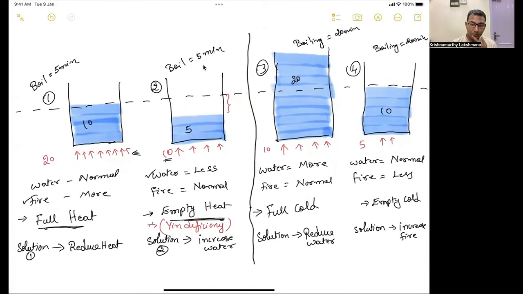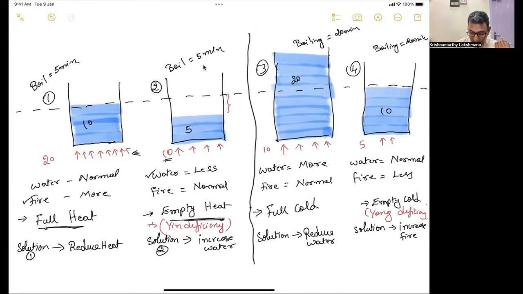Okay. And what do we call another name for empty cold? We call this Yang deficiency. Why do we call this Yang deficiency?